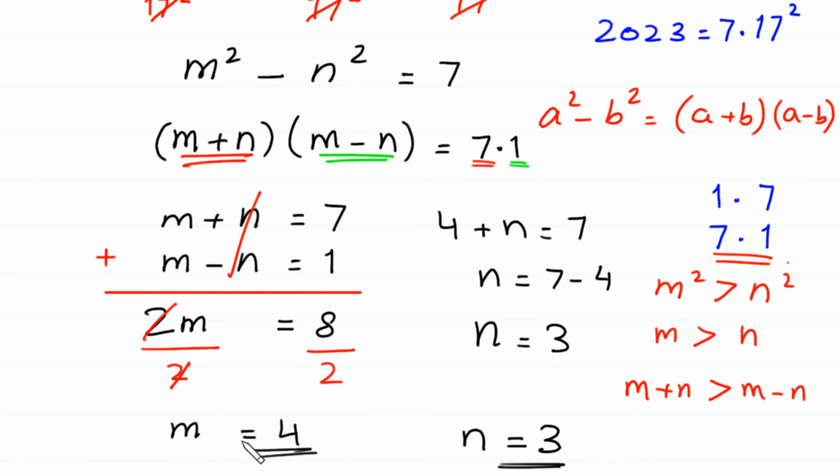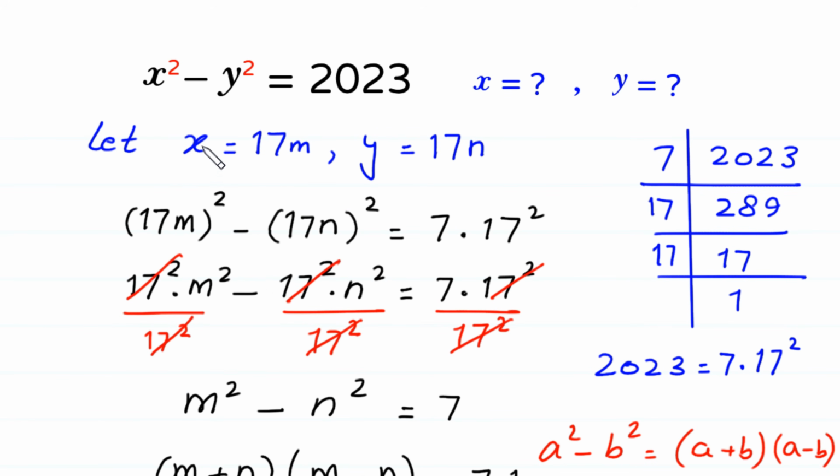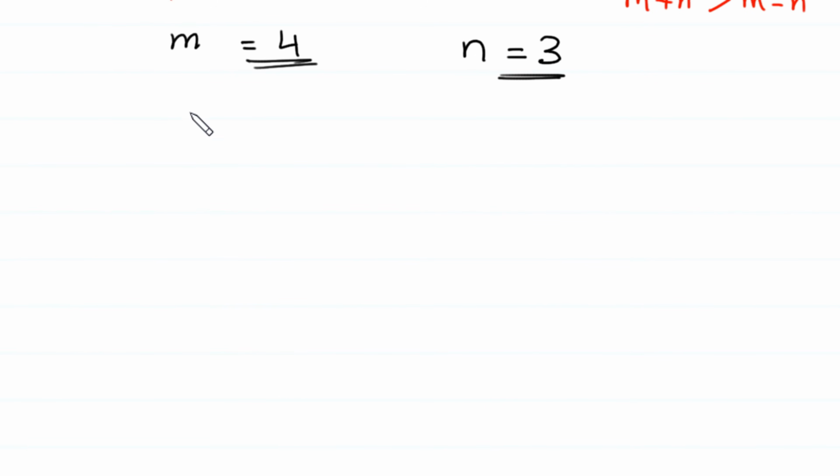But we have to find the values of x and y. Now recall that we have supposed x is equal to 17m and y is equal to 17n.